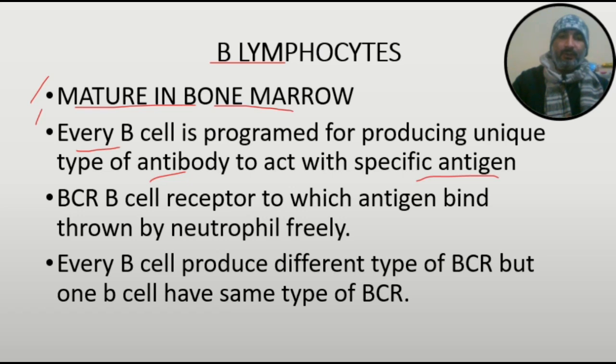Actually, the B cells mature into plasma cells with the help of T helper cells, and plasma cells will secrete antibodies. So it is the plasma cell which is secreting antibodies. That antibody will react with the specific antigen and neutralize that antigen.